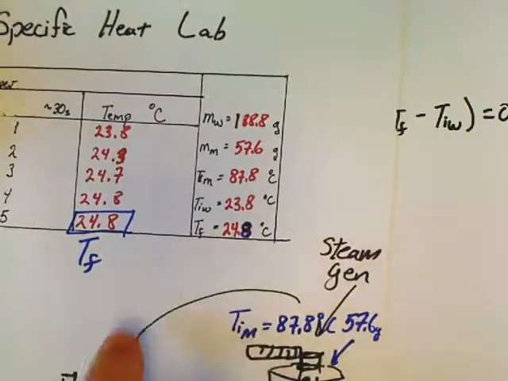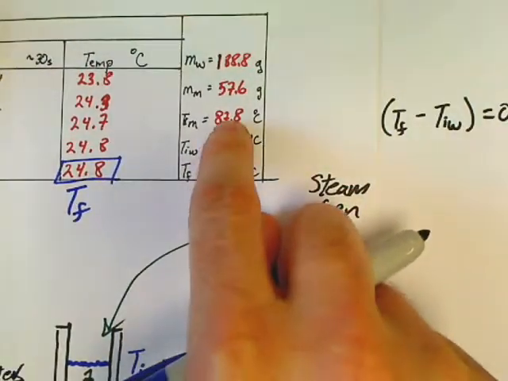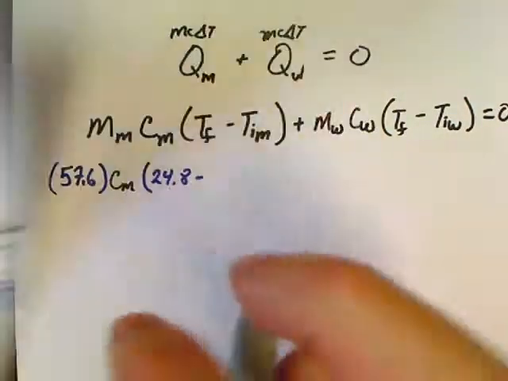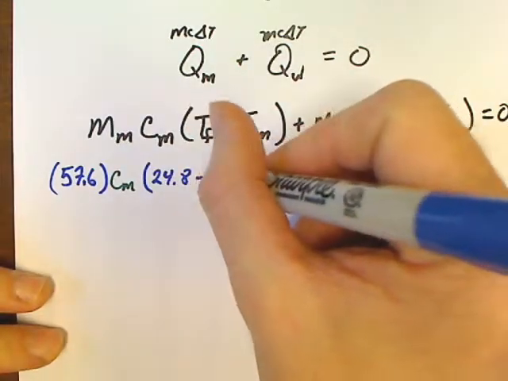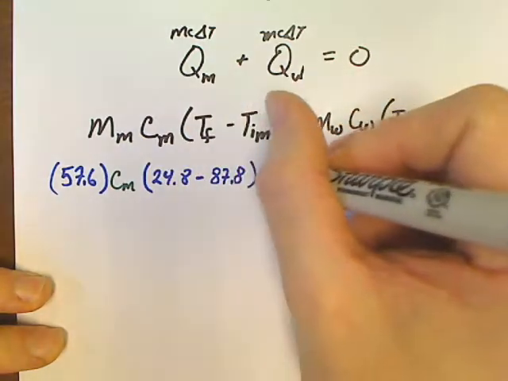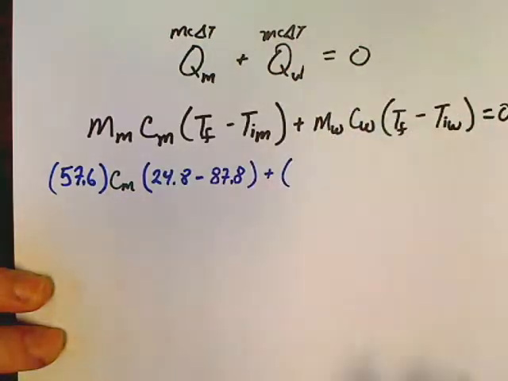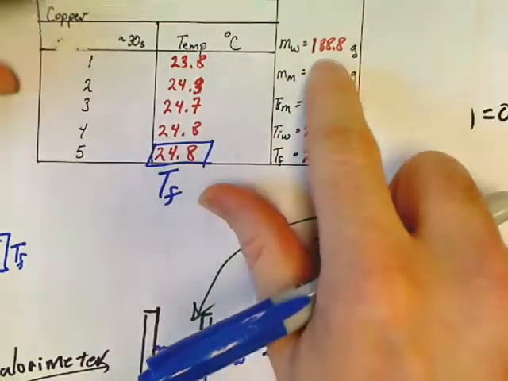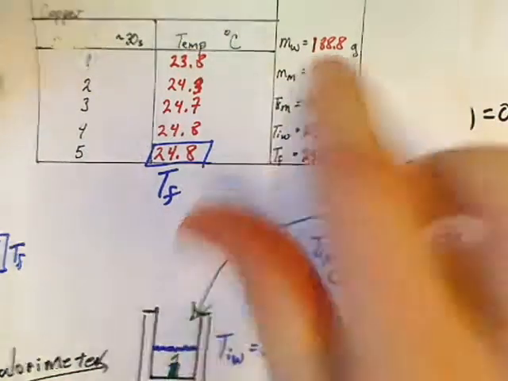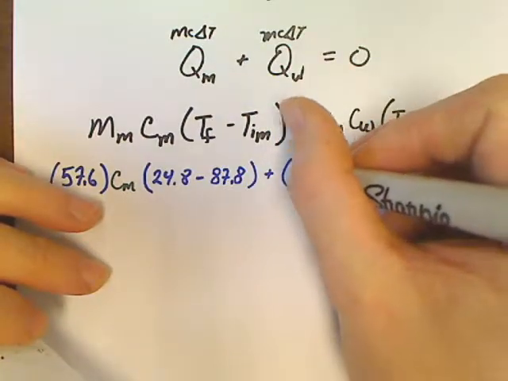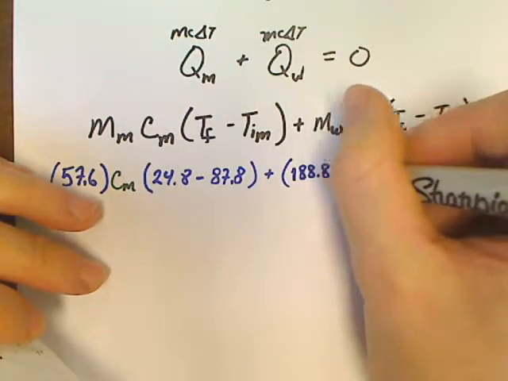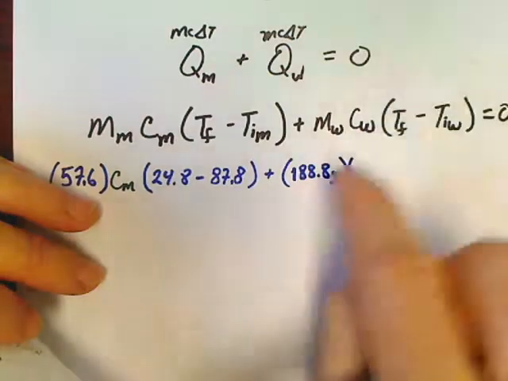minus temperature initial of the metal. Well, my metal was 87.8 before I made the exchange. Plus mass of water. I had 188.8 grams of water. I don't know why I wrote that G there.